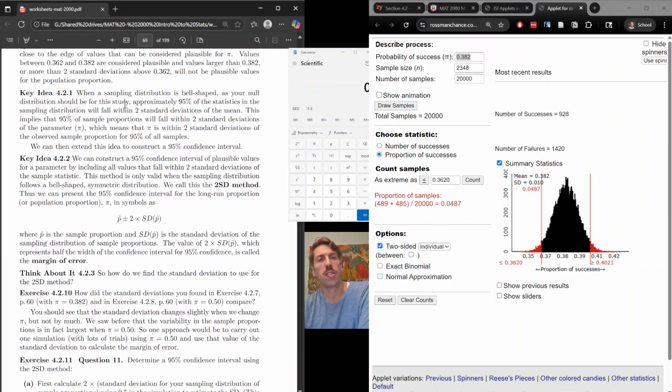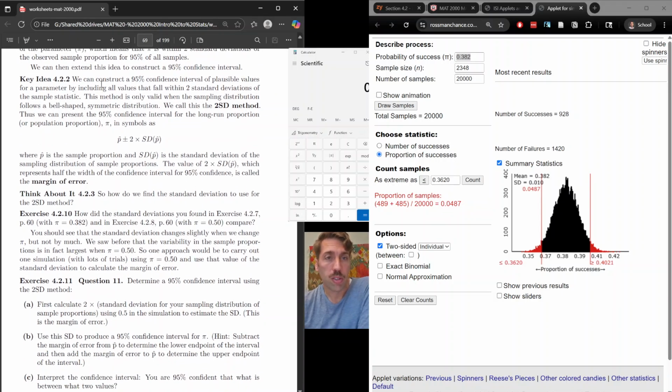Key idea: when a sampling distribution is bell-shaped, as your null distribution should be for this study, approximately 95% of the statistics in the sampling distribution will fall within 2 standard deviations of the mean. This implies that 95% of sample proportions will fall within 2 standard deviations of the parameter, which means that pi is within 2 standard deviations of the observed sample proportion for 95% of all samples.